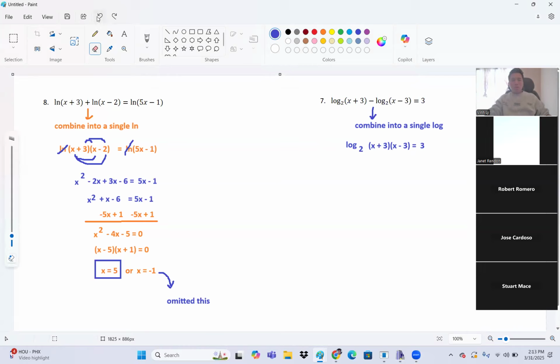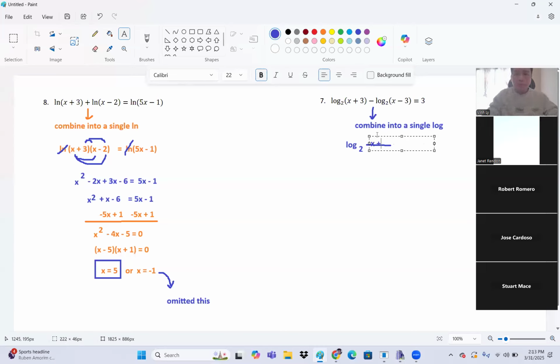I'm sorry, it should be divided because those terms are division. So we're gonna have like x plus 3 over x minus 3 and equal to 3.